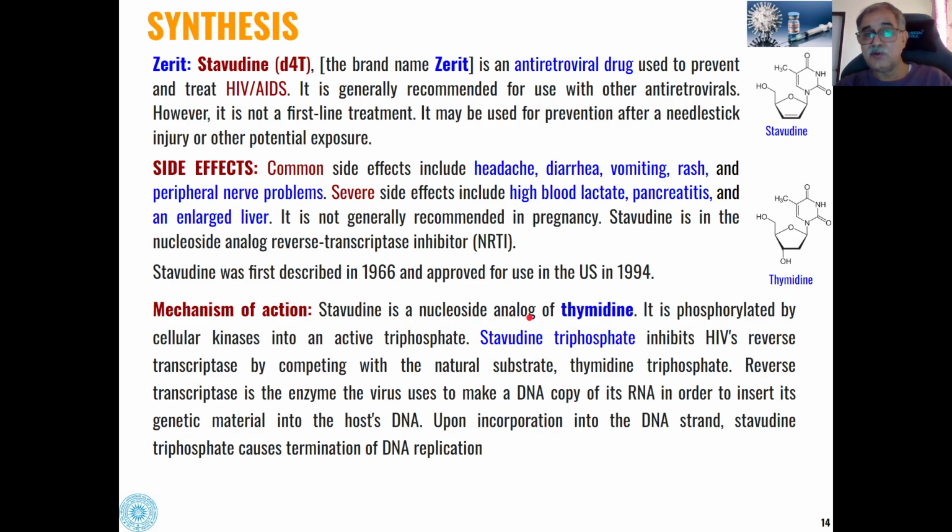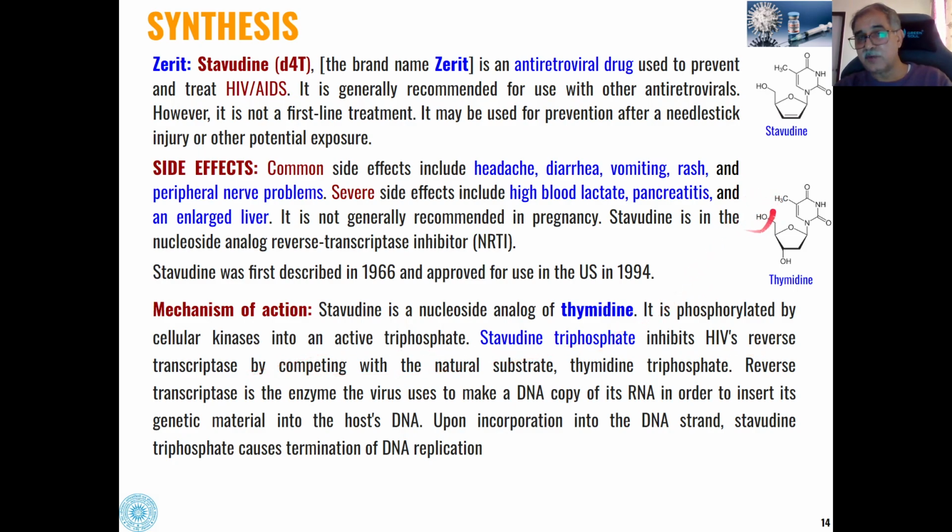So this is a nucleoside analog of thymidine, and it is phosphorylated by cellular kinase. So this is thymidine. You can see if we dehydrate this at this place, this will be converted into stavudine. So stavudine triphosphate inhibits the HIV's reverse transcriptase.